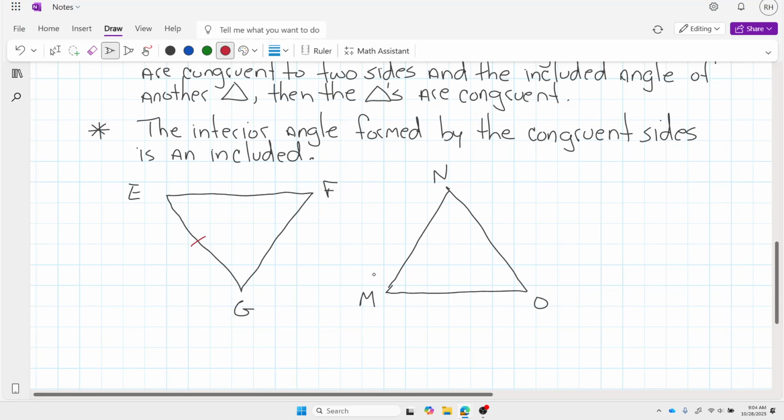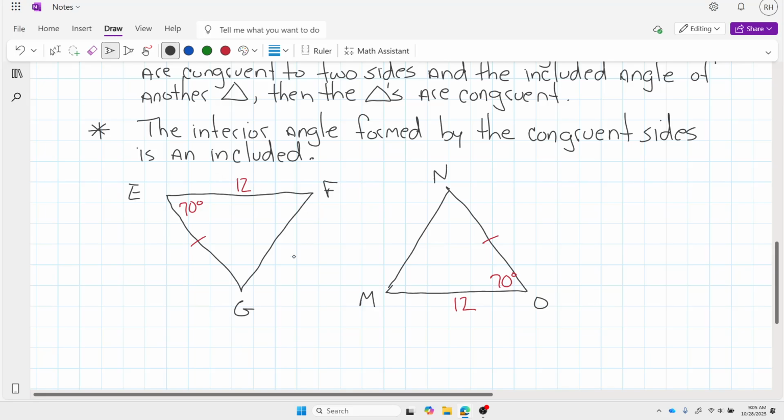EG is congruent to NO. Angle E is 70. Angle O is 70. And then E to F is 12, and O to M is 12. And you're asked, are the triangles congruent? If so, write a congruent statement and explain.